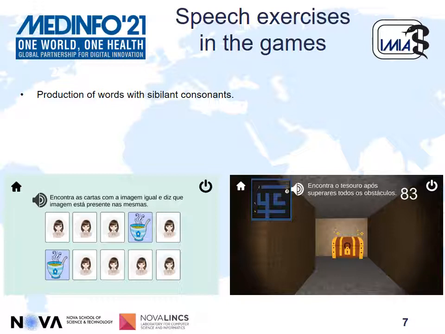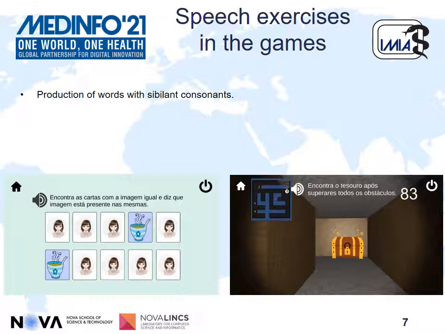Words with a structure that is always consonant, vowel are easier to produce than words that have sequences of two or more consonants. Another aspect to be taken into account is if the word is a common word. Words that the children are used to hearing in their daily lives are easier for them to produce than words they only hear once in a while.